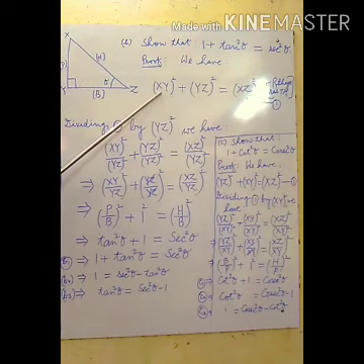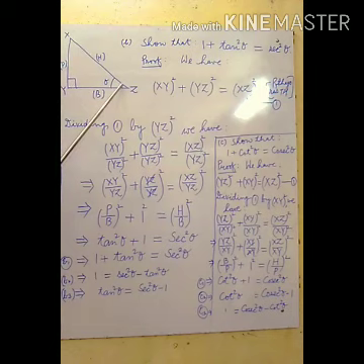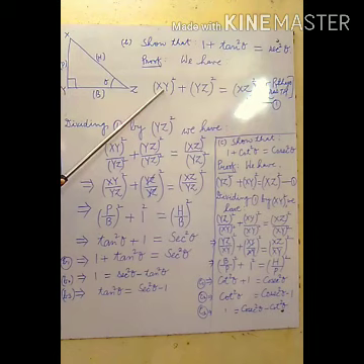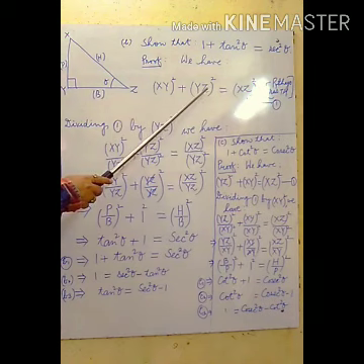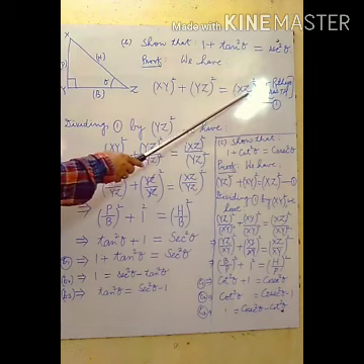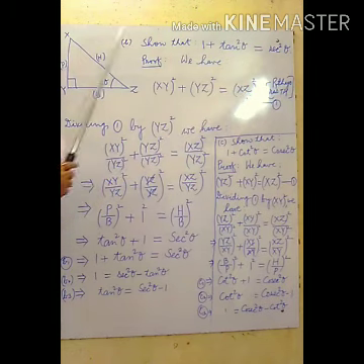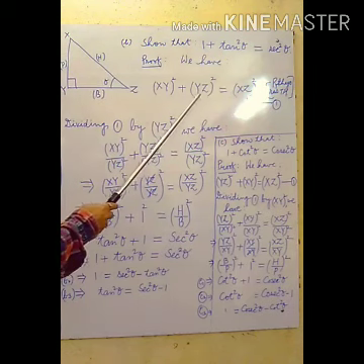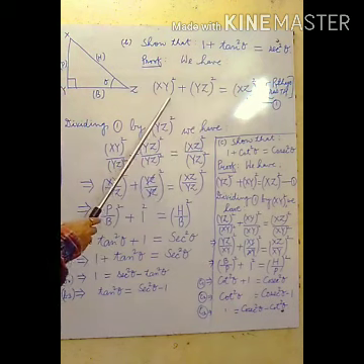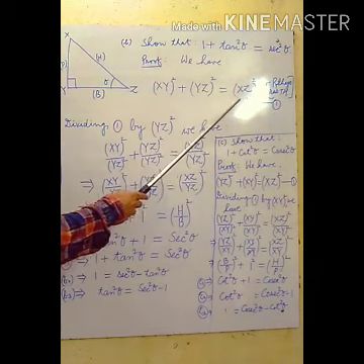Perpendicular square, XY square, plus base square, YZ square, equal to hypo square, XZ whole square. This one is A, this one is B, and this one is C. So A square plus B square equal to C square.